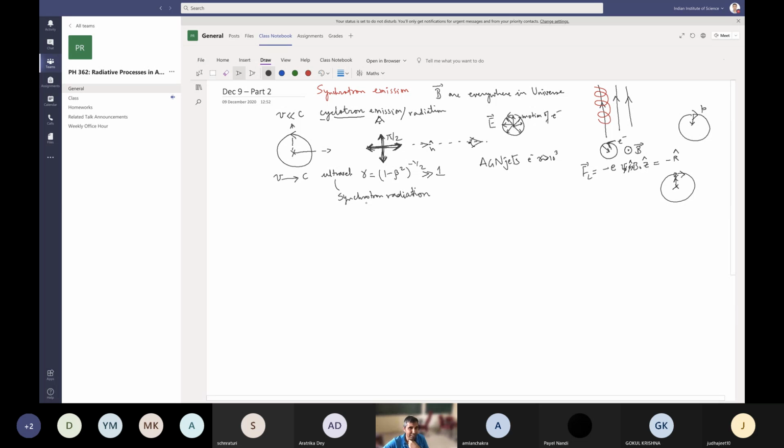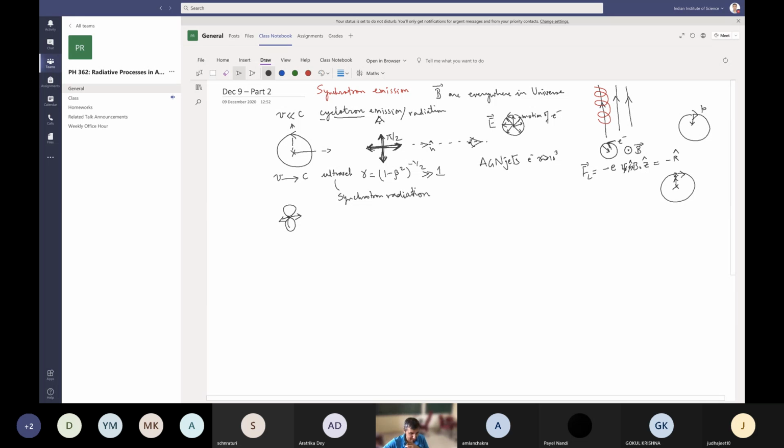In that case, the nature of emission changes in a very fundamental way. If you recall our discussion, if you have a charge with an acceleration in this direction, it emits this dipole beam pattern.